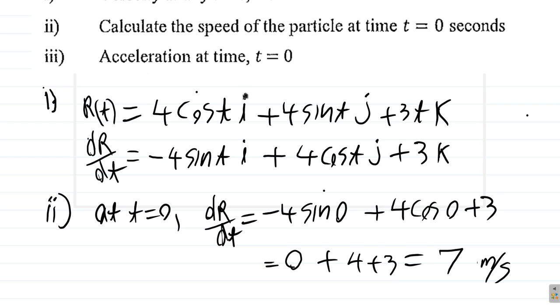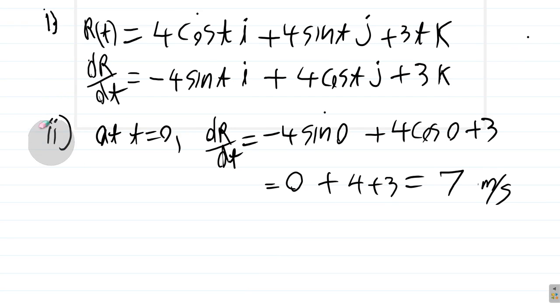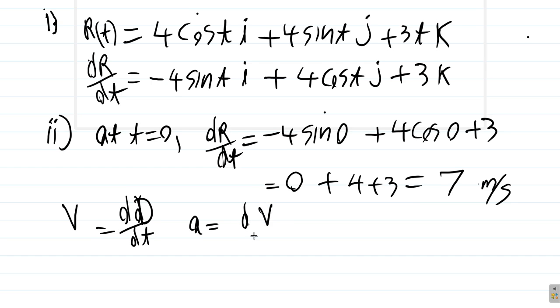So while velocity is a change of distance with time, I'm using big D for distance, now acceleration is going to be the change of velocity with time, the dv by dt.